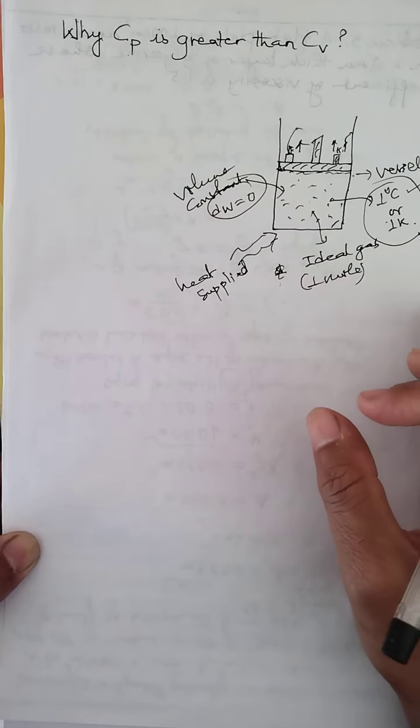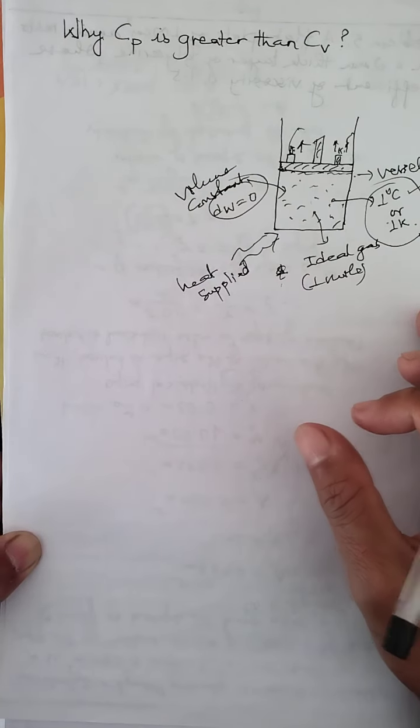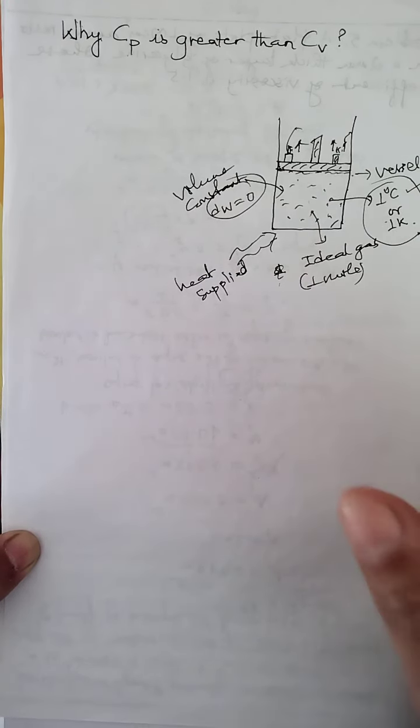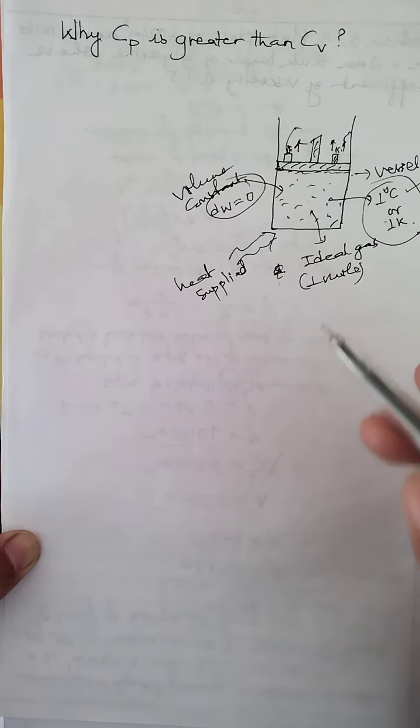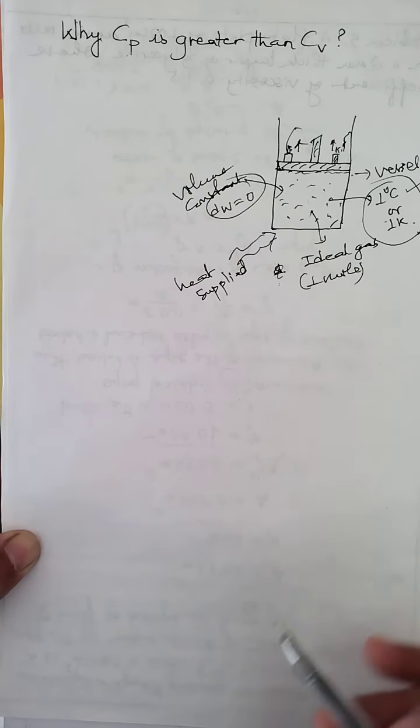So from here I can say that at constant pressure the gas will take heat not only for raising the temperature of the gas by 1 degree Celsius, but also for doing work against the external pressure.